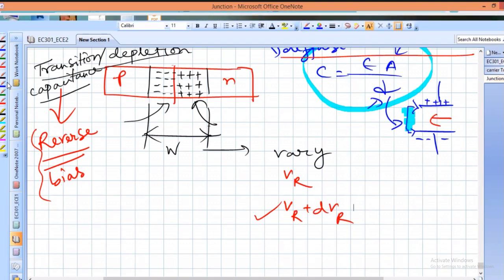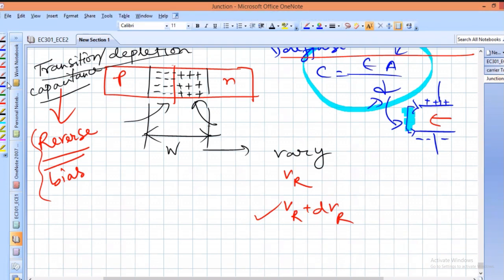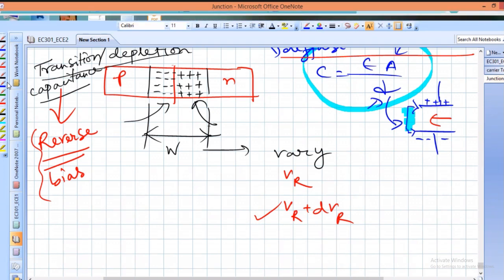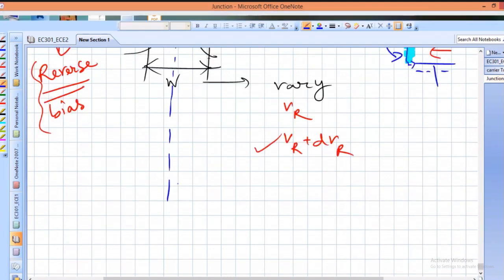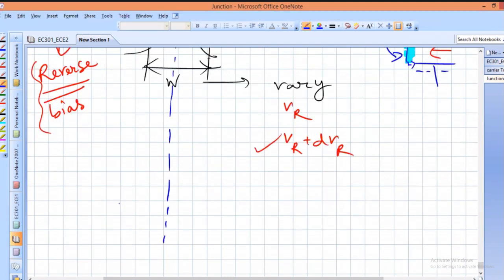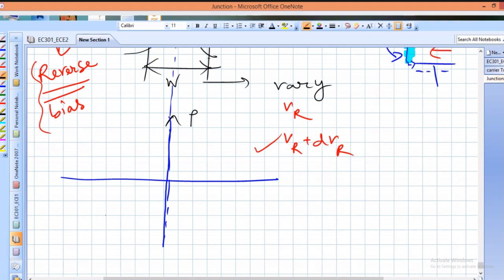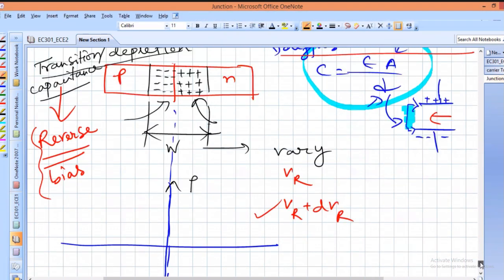What is the effect? Let's first see what is the differential charge present within the space charge region or depletion region in a PN junction. In the lecture material I provided previously, the variation of the charges as well as the potential and electric field distribution is provided. I consider this axis is rho, which is the volume charge density.